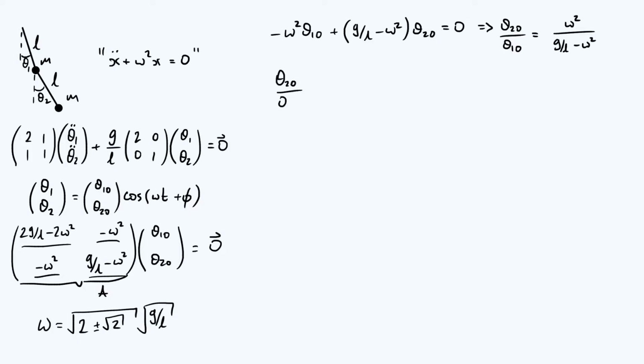Because theta 20 over theta 10, we know the value of omega. In fact, the first thing I'm going to do is multiply up by L over g. So we get omega squared L over g over 1 minus omega squared L over g. The nice thing about this is we know from down here that omega squared L over g is 2 plus or minus root 2.